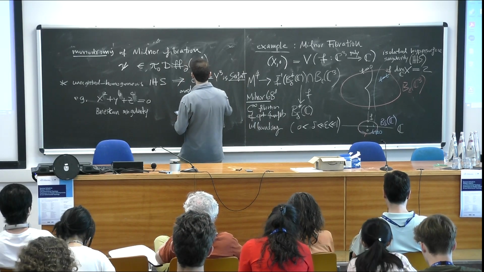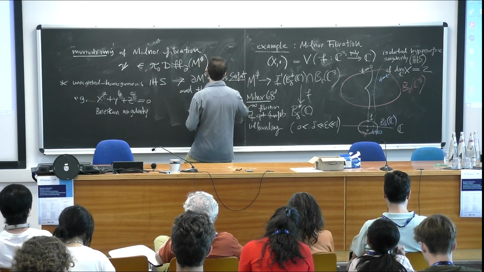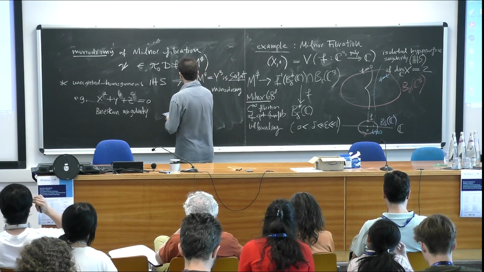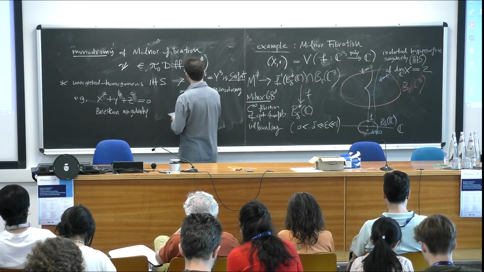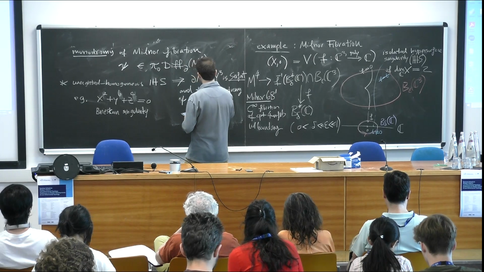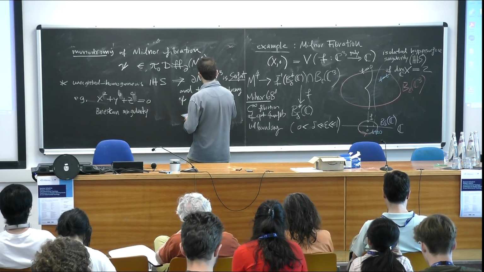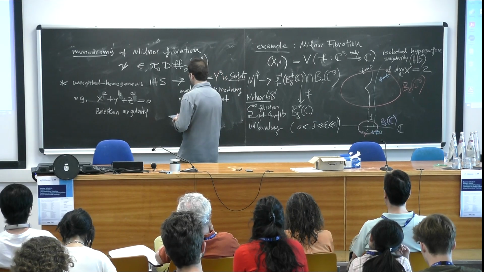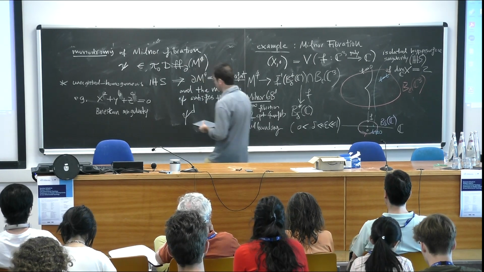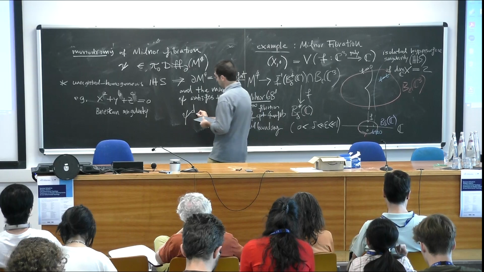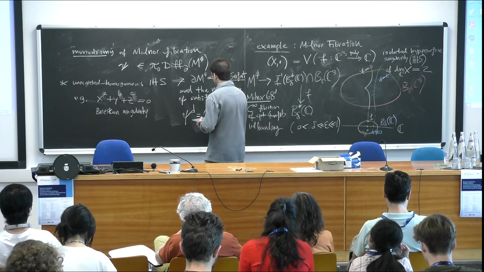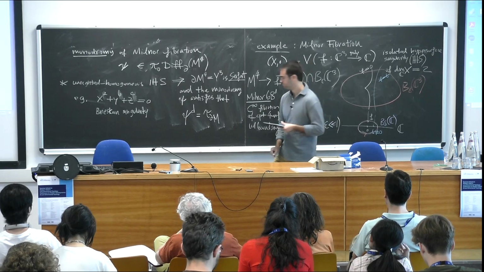The monodromy of the Milnor fibration has the property that if you raise it to a suitable power d, then it agrees with the boundary Dehn twist on the Milnor fiber.